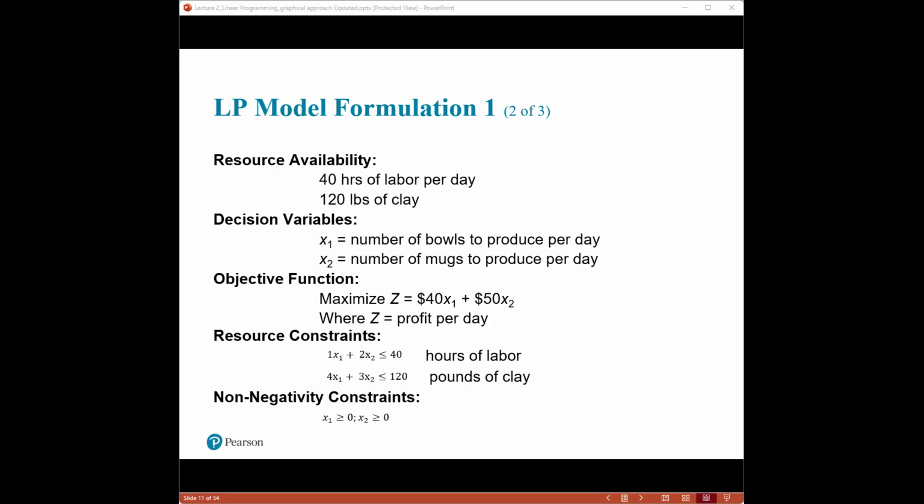So this is how we write it: X1, X2 greater than or equal to 0. We call this the non-negativity constraint. That one, we just need to state it to make the model complete. We don't do anything with it.